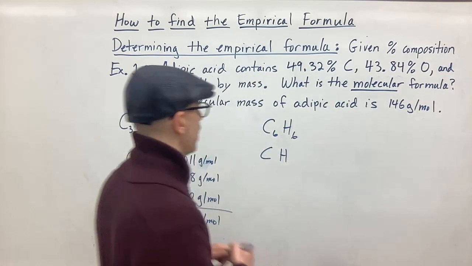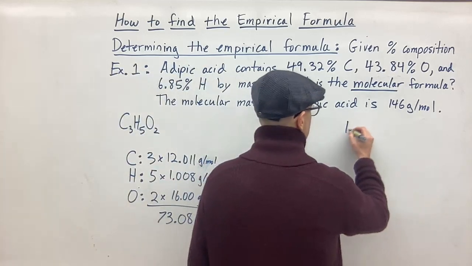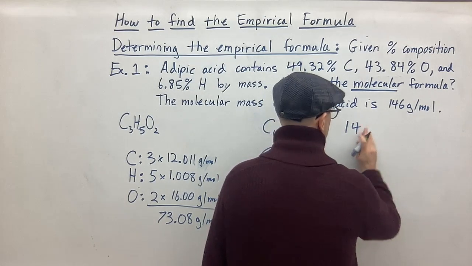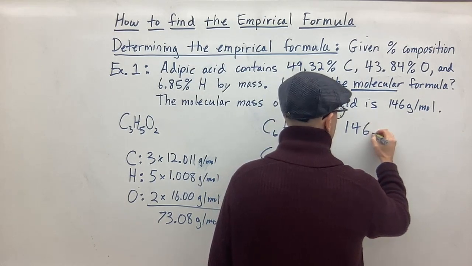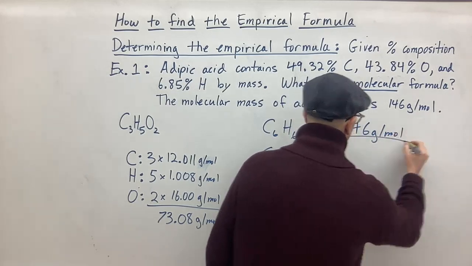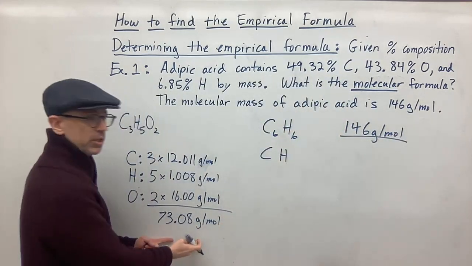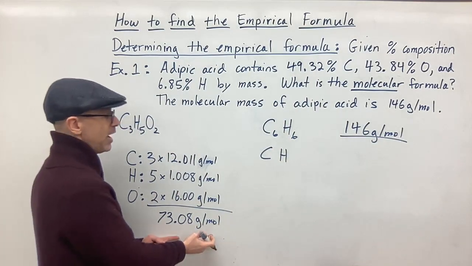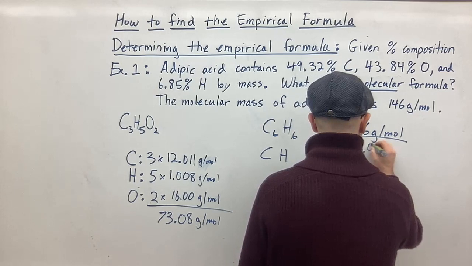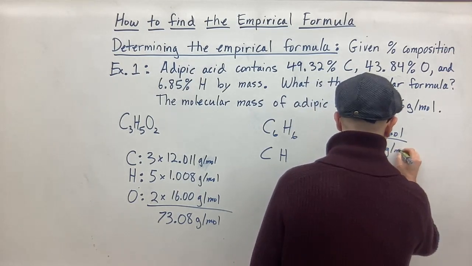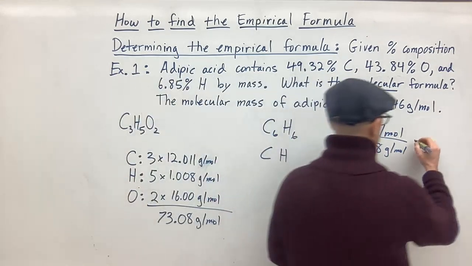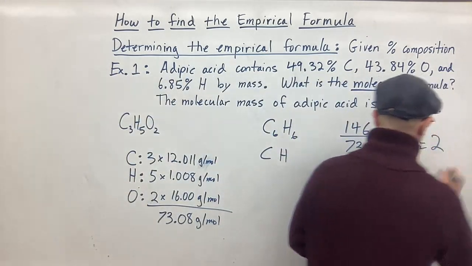We're going to divide the larger mass, because the larger mass is associated with the molecular formula. So that's 146 grams per mole, and we're going to divide that by our formula mass for the empirical formula we found, 73.08 grams per mole. And what you notice is that this is approximately 2.